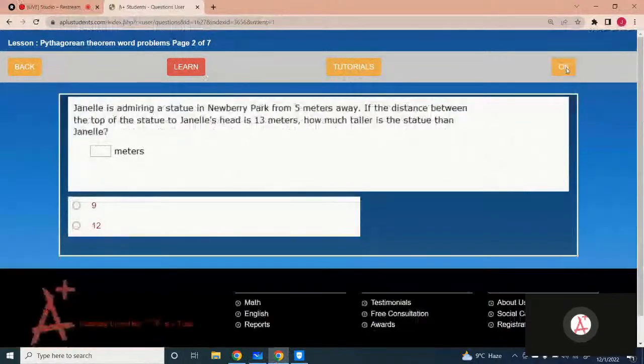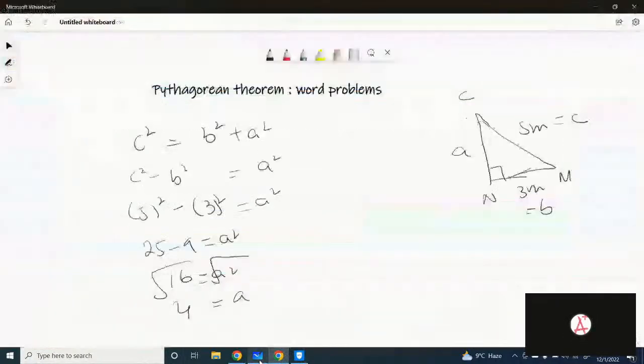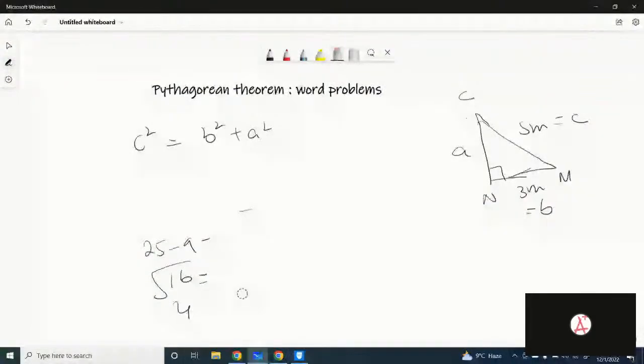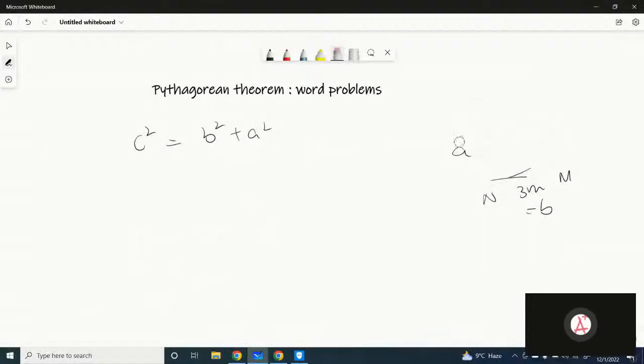Okay, Janel is admiring a statue in Newberry Park from 5 meter away. If the distance between the top of the statue and Janel's head is 13 meter, how much taller is the statue than Janel? Got it? So let's just form a right angle triangle.